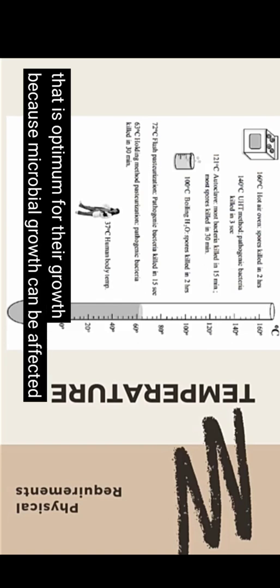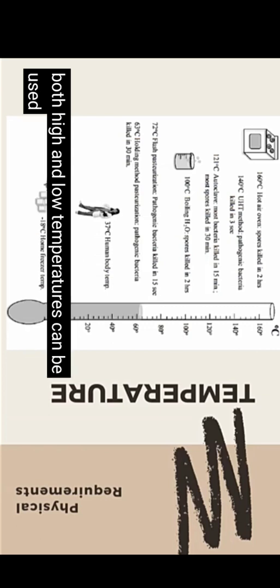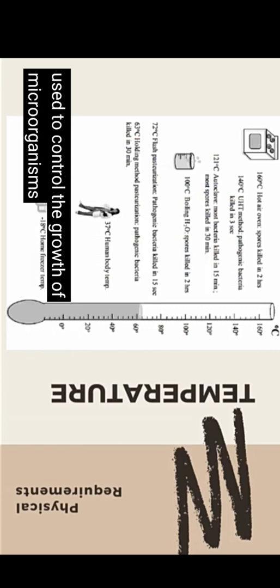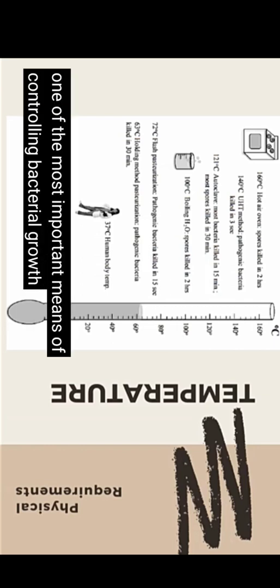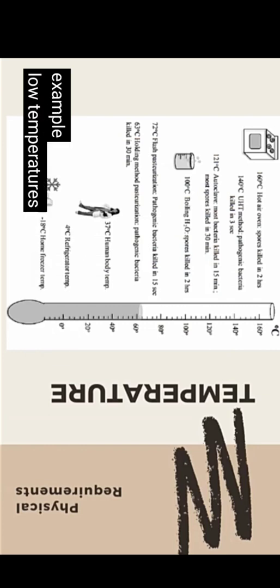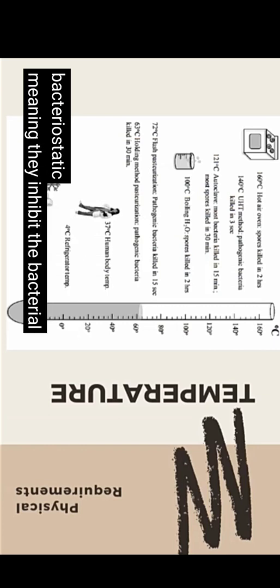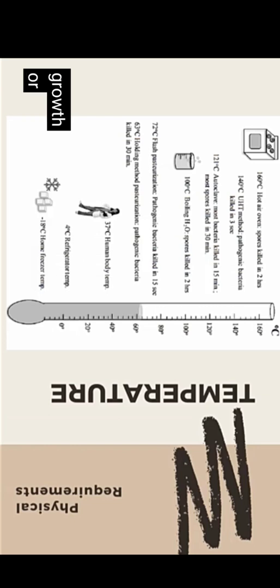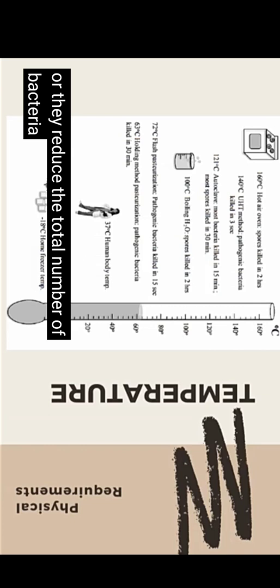Because microbial growth can be affected by temperature, both high and low temperatures can be used to control the growth of microorganisms. One of the most important means of controlling bacterial growth is through the use of temperature. For example, low temperatures are primarily bacteriostatic, meaning they inhibit bacterial growth or they reduce the total number of bacteria.